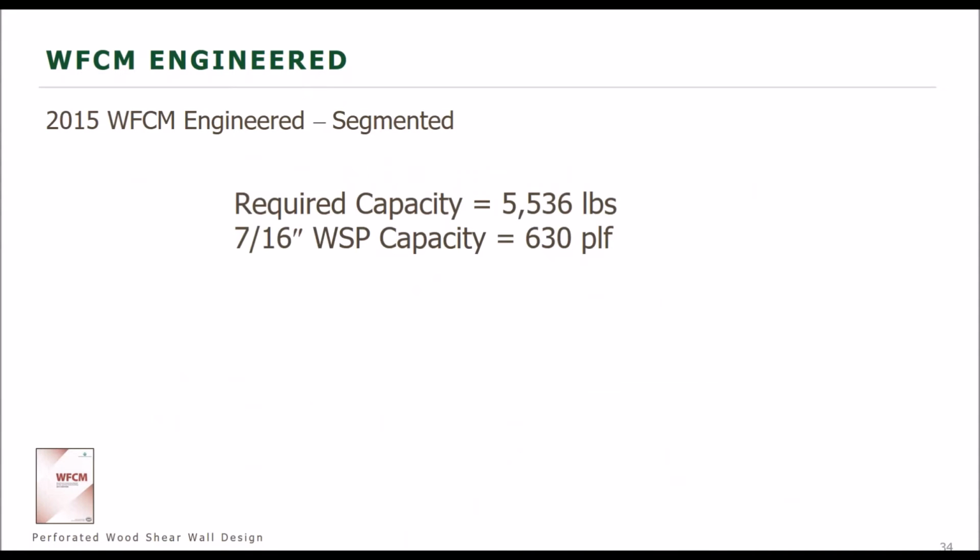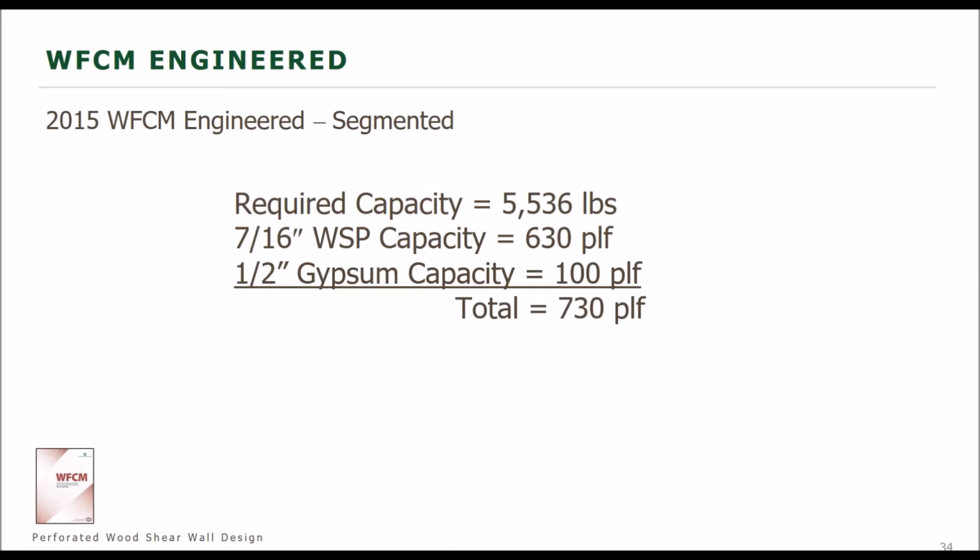So let's look at the capacity of our walls. We have a required capacity of 5,536 pounds. We saw that our wood structural panel gives us 630 PLF and the gypsum gives us another 100. So we get a wall capacity of 730 pounds per lineal foot.